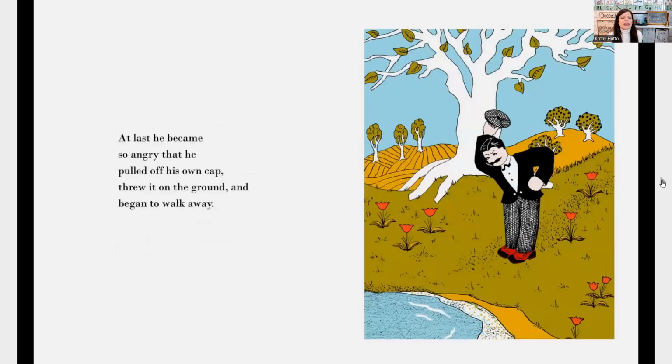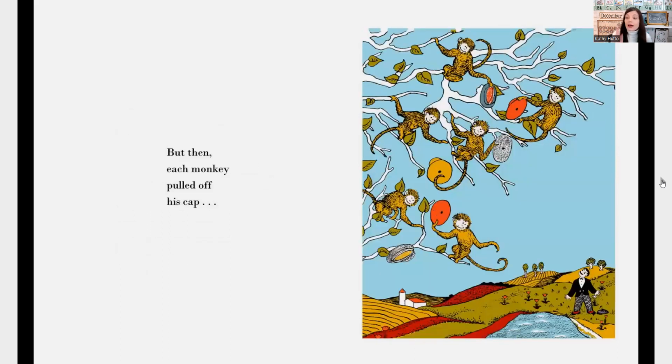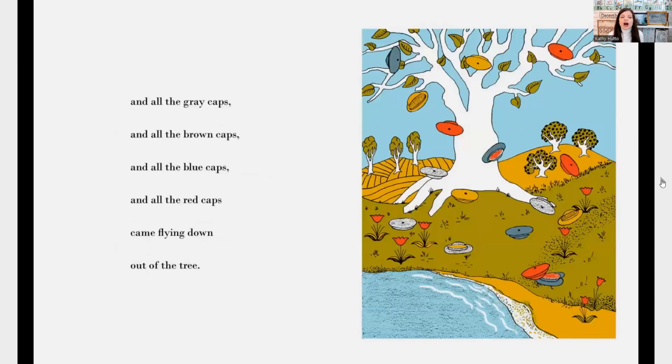At last he became so angry that he pulled off his own cap, threw it on the ground, and began to walk away. But then each monkey pulled off his cap. And all the gray caps and all the brown caps and all the blue caps and all the red caps came flying down out of the tree.